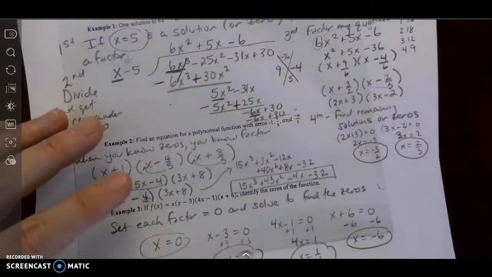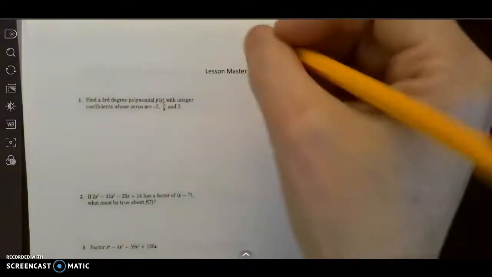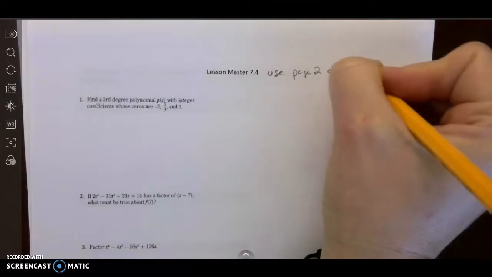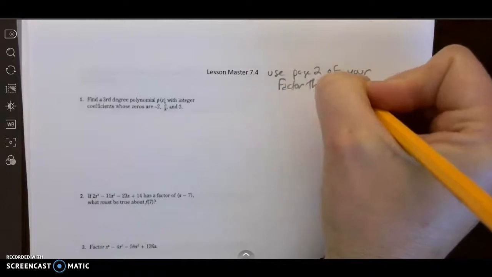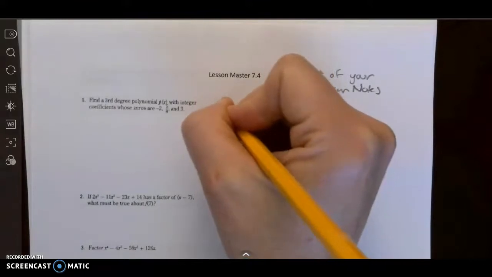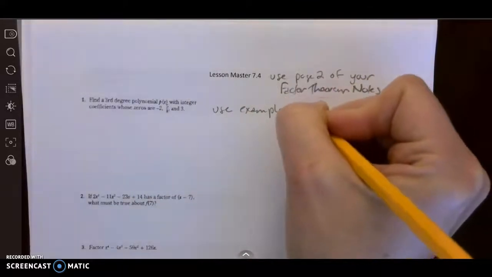Well, let me get that paper real fast. All right, so for the lesson master, you can use your notes that we took. Use page 2 of your Factor Theorem notes. Okay, that was the page we just finished. Number 1, if you get stuck, use example 2 as a guide.